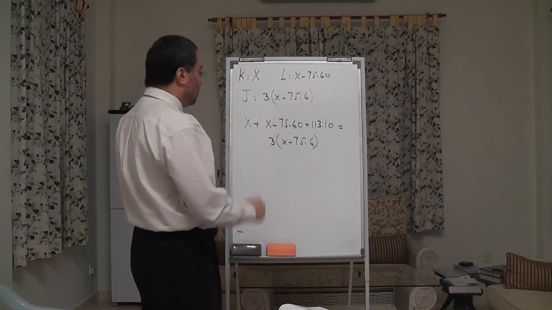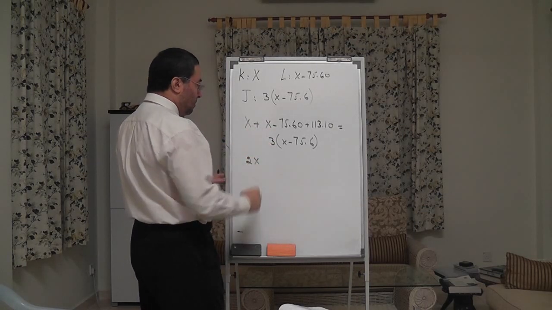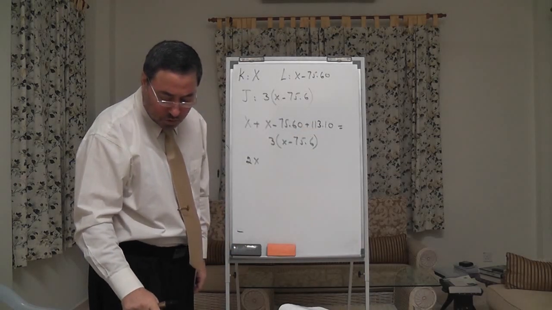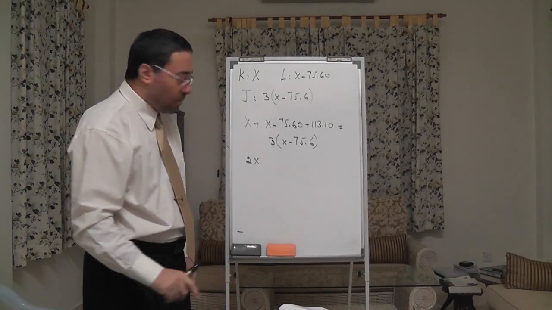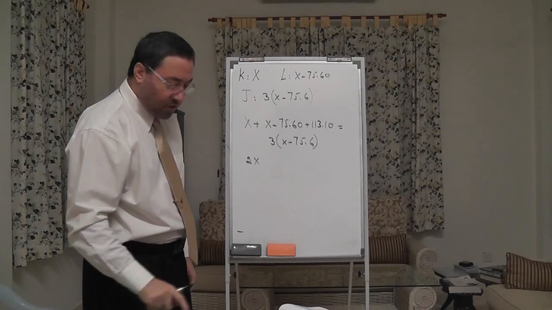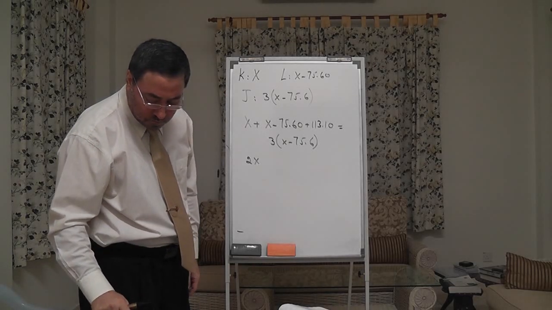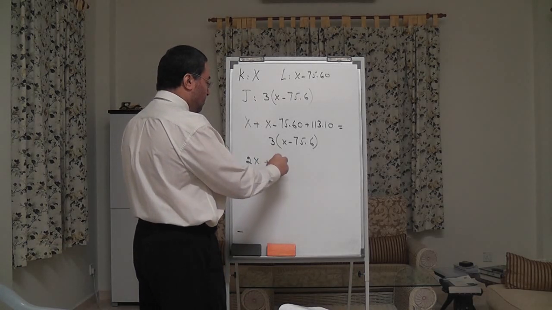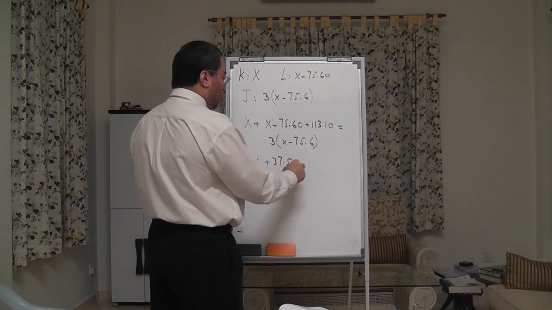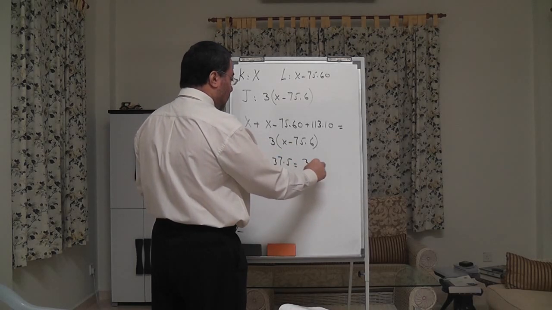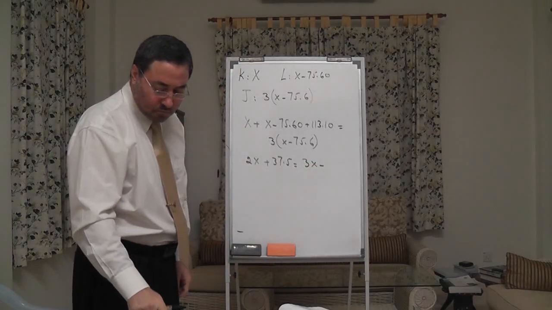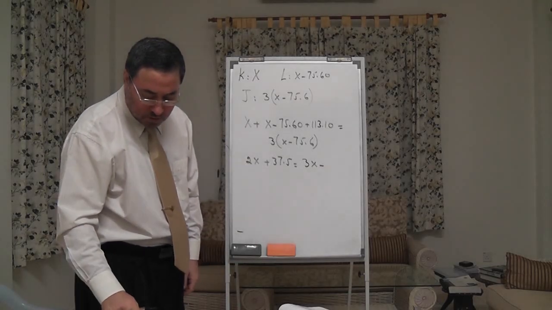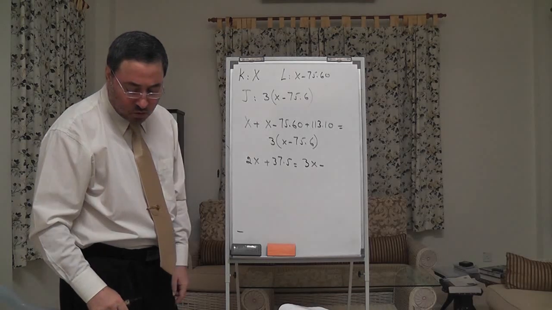Here I have two x's, so I can combine them. And these two numbers I can combine right away. So 113.1 minus 75.6, and that's equal to 37.5. Equals, on the other side, 3x minus, we multiply this by 3, 75.6 times 3, and that's 226.8.